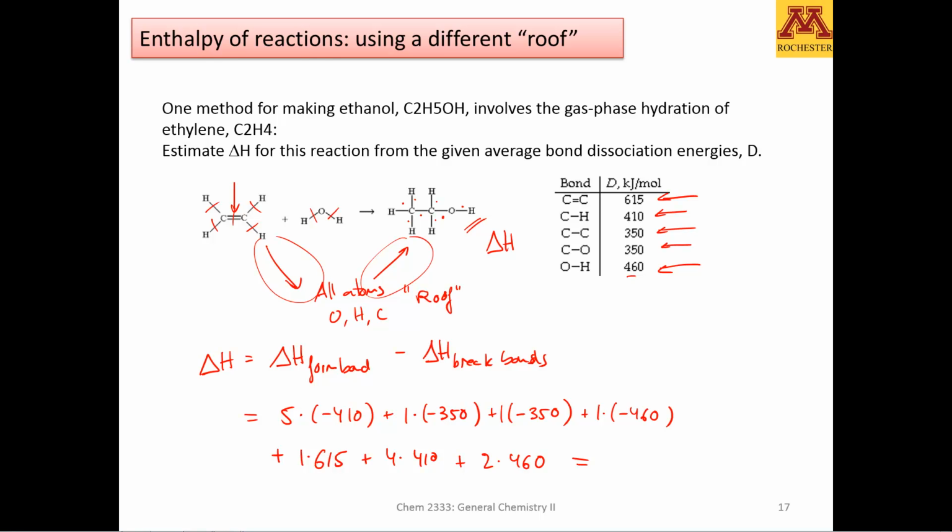But again, this is just a way to show that you can come up with a different reference point other than the standard state that we defined, which is the atoms in their most stable form. Notice that the other roof, the other standard state, would have been oxygen as oxygen gas, O2, hydrogen as H2, and carbon solid.